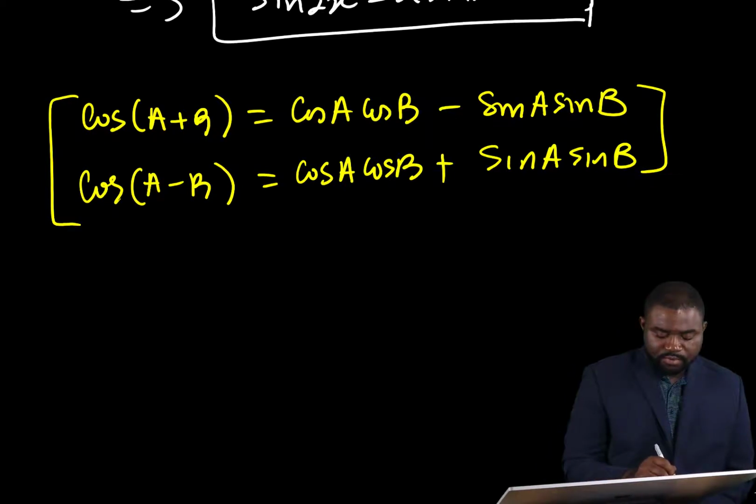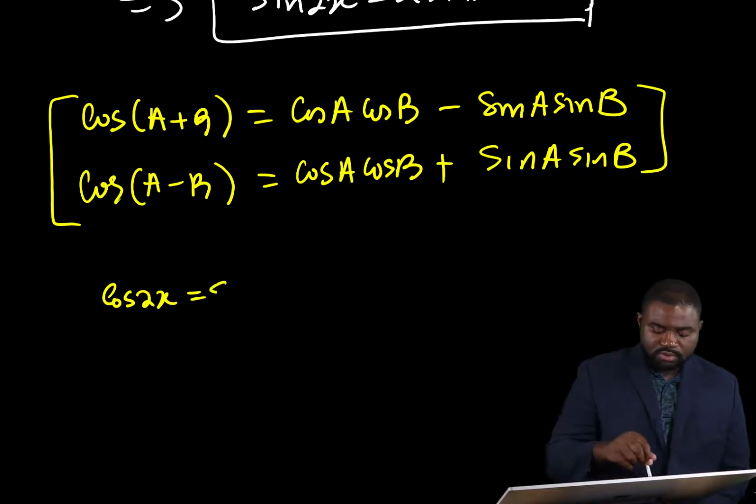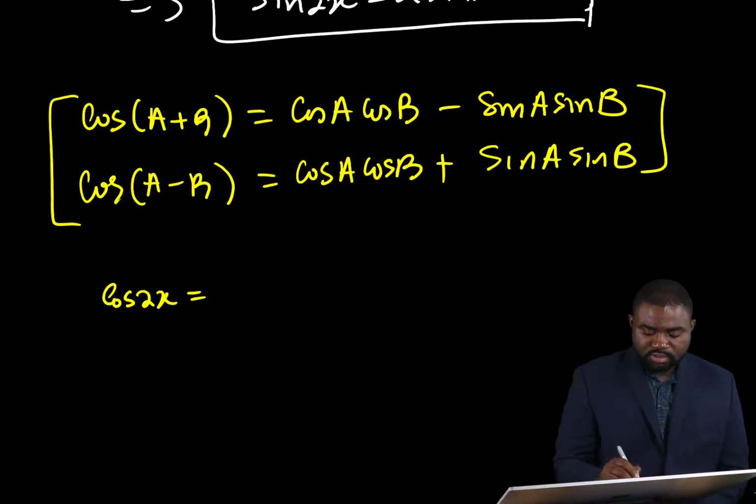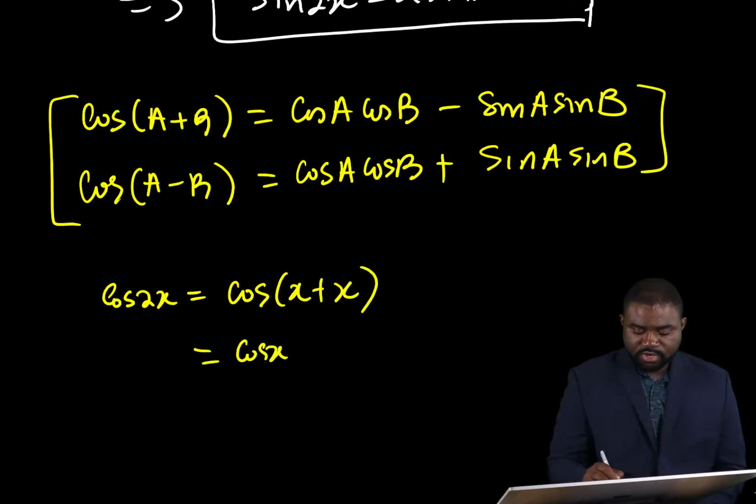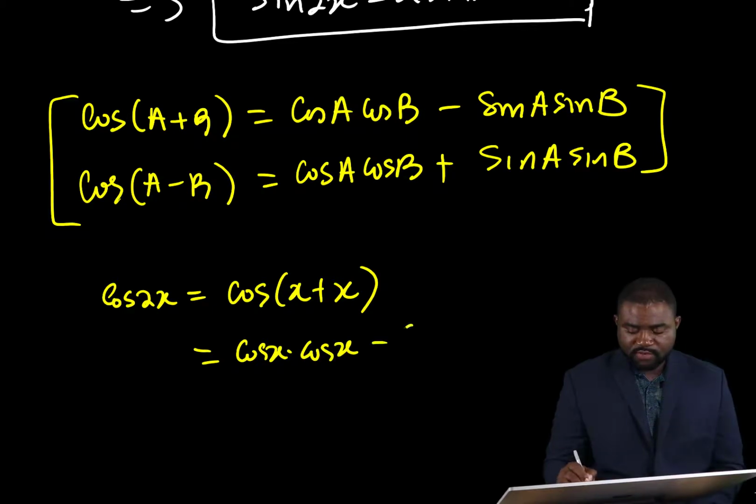Let's do an example. Cosine 2x is the same as cosine x plus x, which is equal to cosine x cosine x minus sine x sine x.